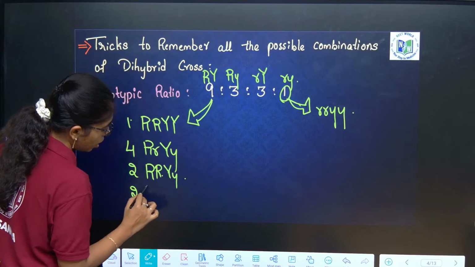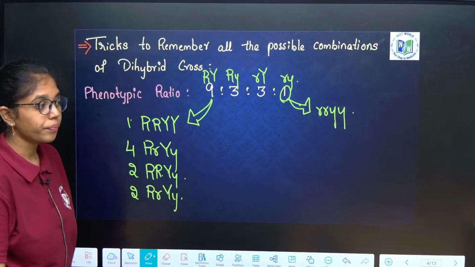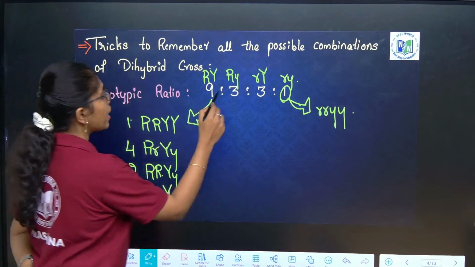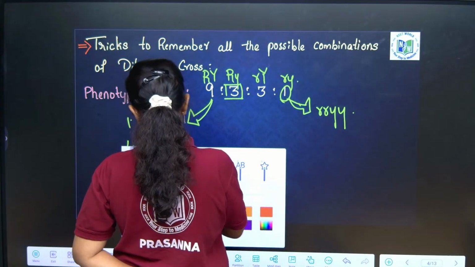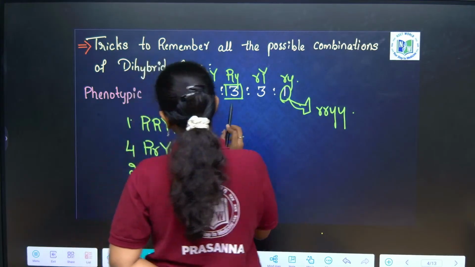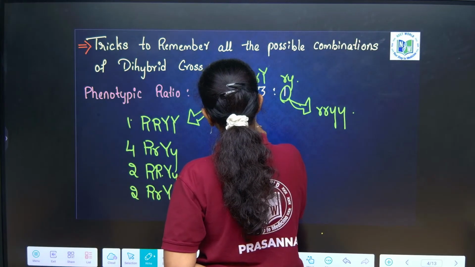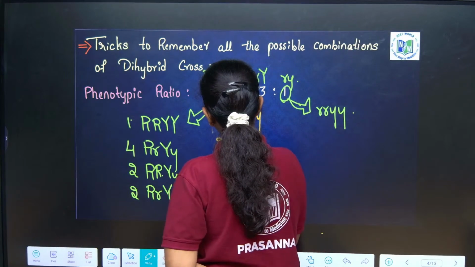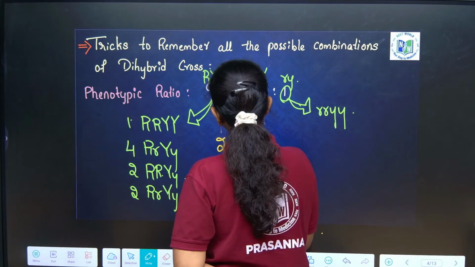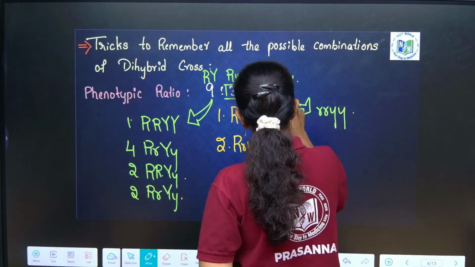Again the rest 2: 1 heterozygous condition, 1 homozygous condition. Understood? Now here if you consider this 3, what is the genetic combination? I will tell you. 1 will be homozygous only, small y, small y. 2 will be heterozygous, 1 homozygous recessive other. This is what you have to consider.